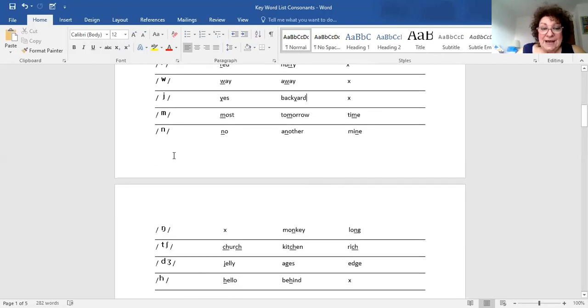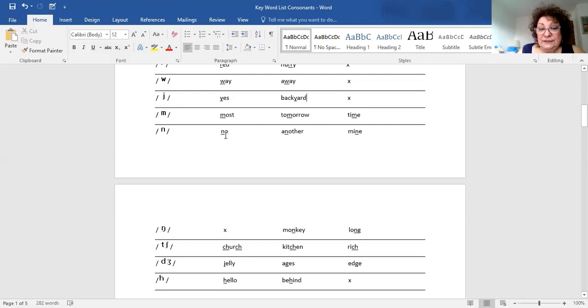The next three sounds are nasals: most, tomorrow, time. Represented by lowercase alphabet letter M. It is voiced and has no voiceless cognate.